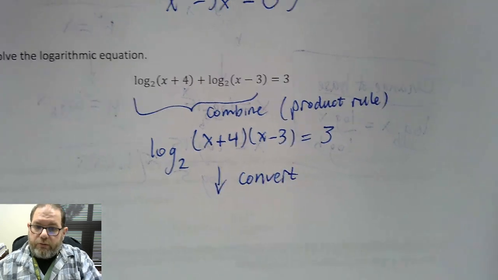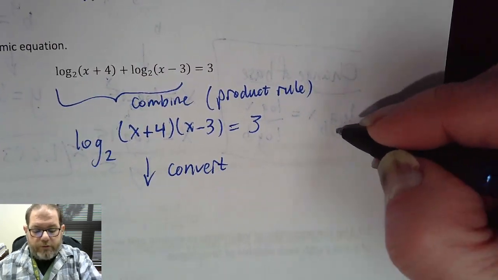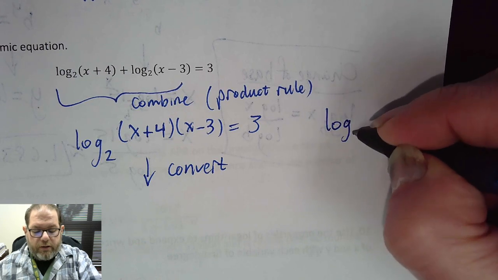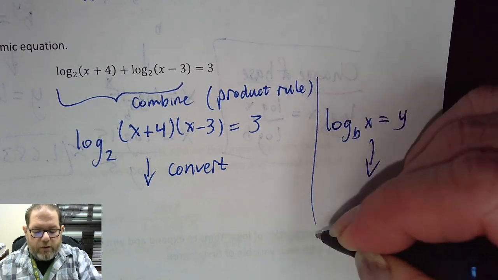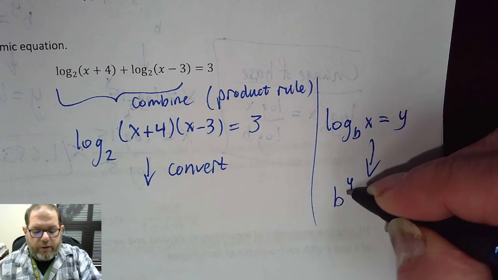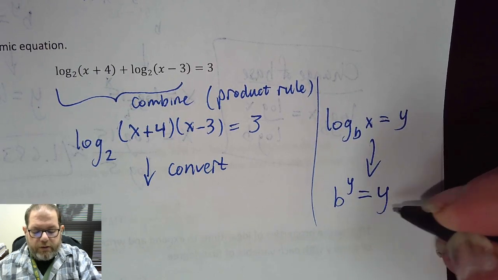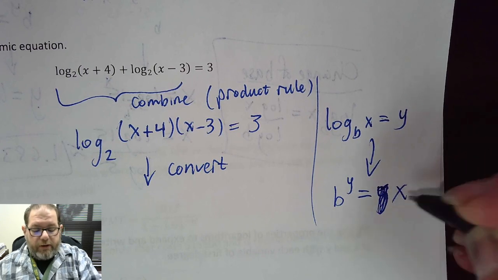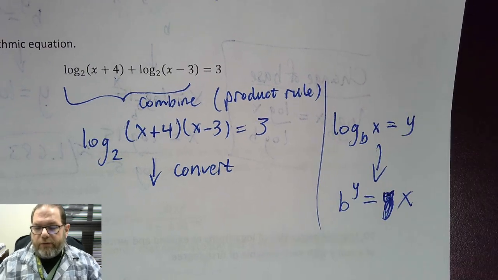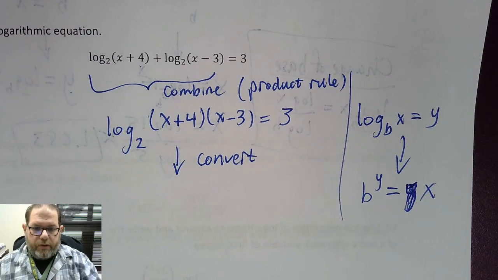And again, when we do our conversion, it might be good just to put our conversion formula over on the side so that we can line up where everything, not y, I'm sorry, x, has to go. Okay?